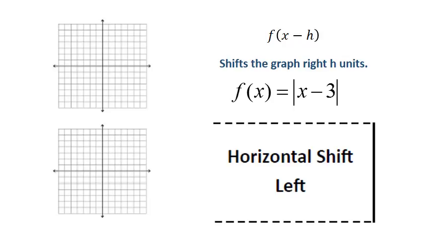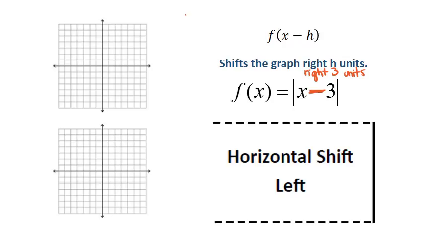What we have to be careful of is the sign has the opposite effect. So I have subtract 3, but that means I'm going to go right 3 units. Because it is in the function, in the absolute value, we have to think of it as the opposite movement.